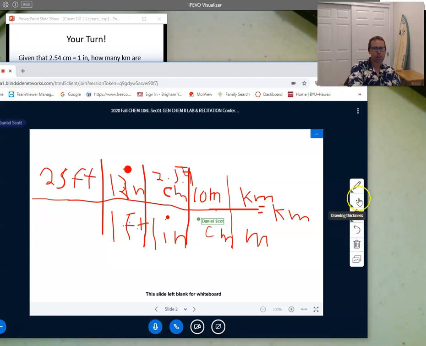A meter? No, cent is like century. Do you know what a century is? 10 years. Nope. A cent. Do you know how many cents there are in a dollar? 100. So cent stands for 100. So there's 100 centimeters for every 1 meter.